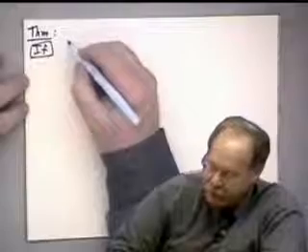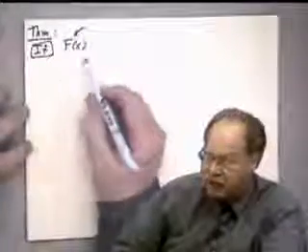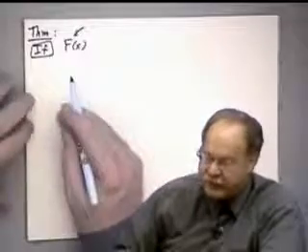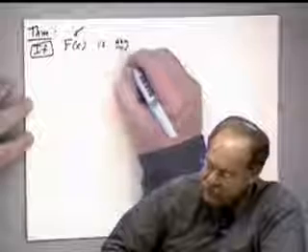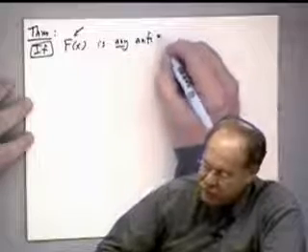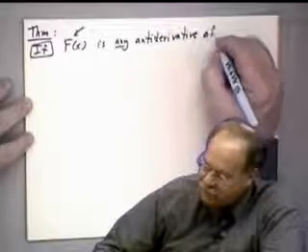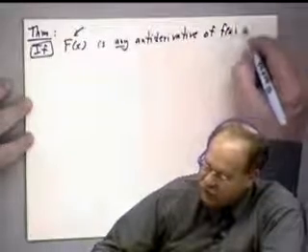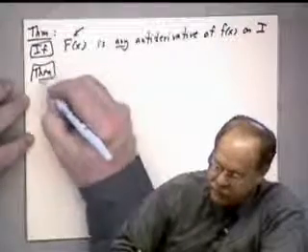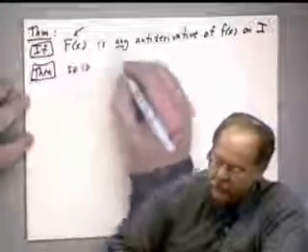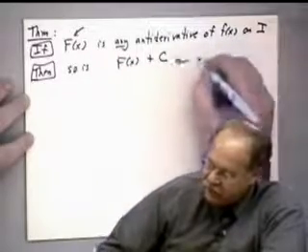If big F of x, and again I will note that this is not the best notation, it's not very informative, we'll get a better one very soon, is any antiderivative whatsoever of the function little f of x on some interval I, then so is big F of x plus C, where C is any constant.